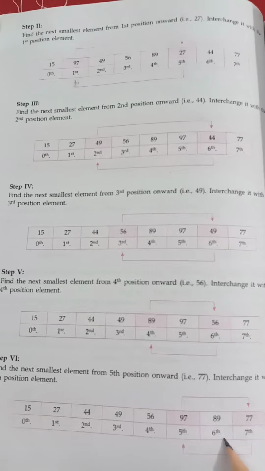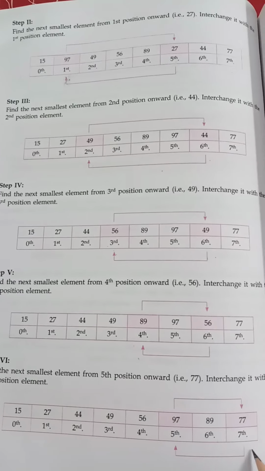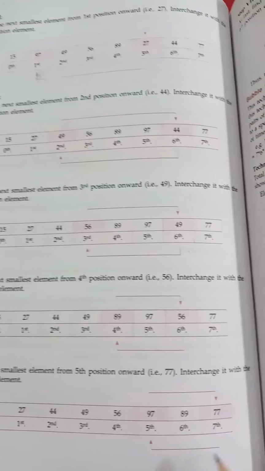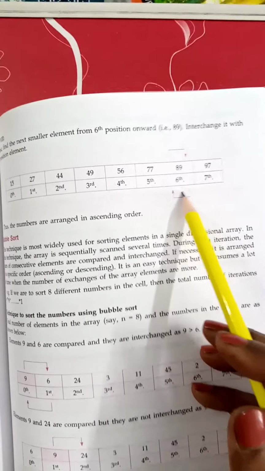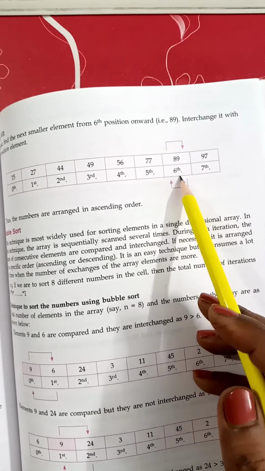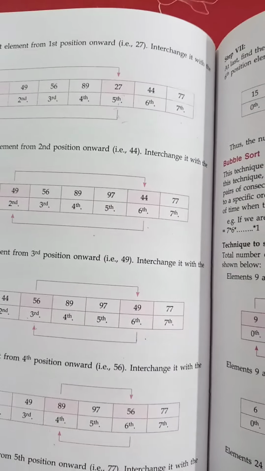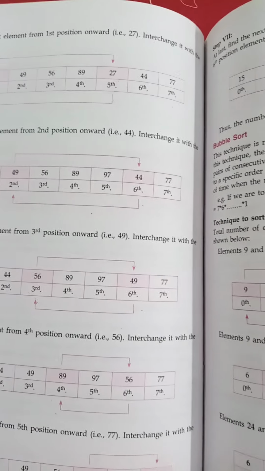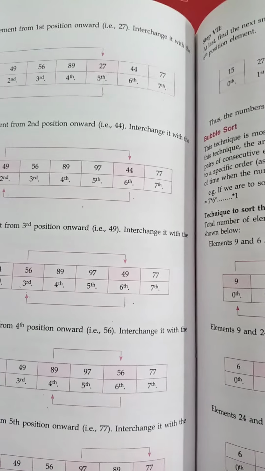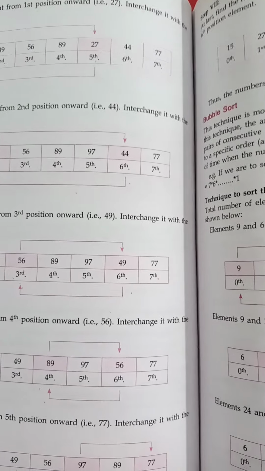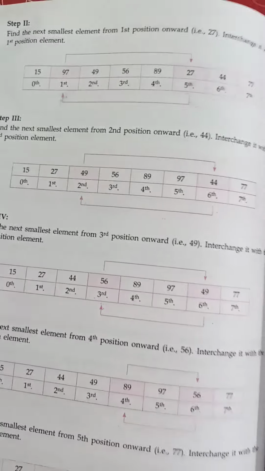In the sixth round, we will find the next smallest and interchange similarly, and at the last we will find the last one and interchange it. This way, using iterative statements, we will be finding the smallest elements and interchanging them with the appropriate positions.